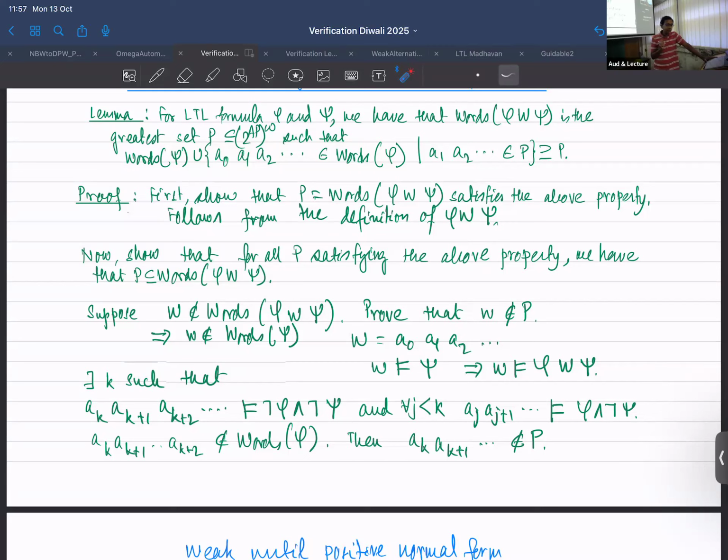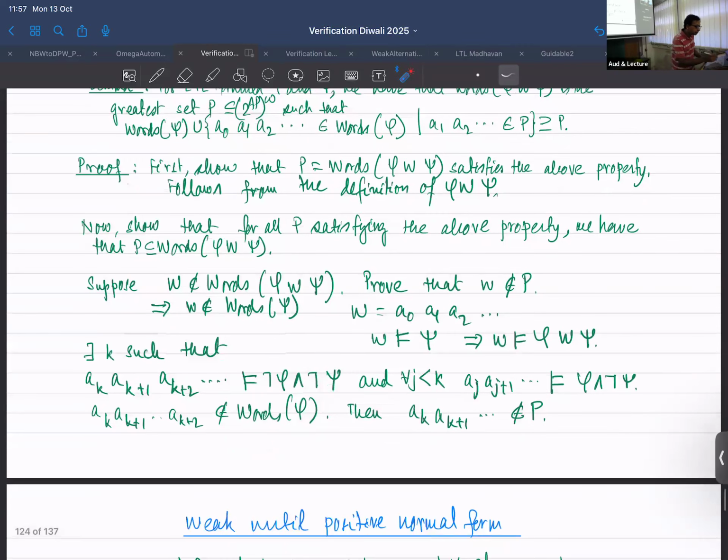Clear? Now, if it doesn't satisfy phi already, if this is not in words of phi, then it is not in P anyway, right? So you need both conditions. It has to satisfy phi, as well as the suffix starting from A1 has to be in P. If this one itself is not satisfying phi, then one of the conditions is violated, so it cannot be in P, correct?